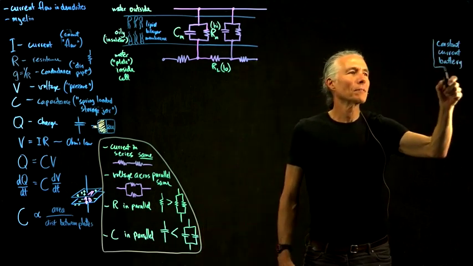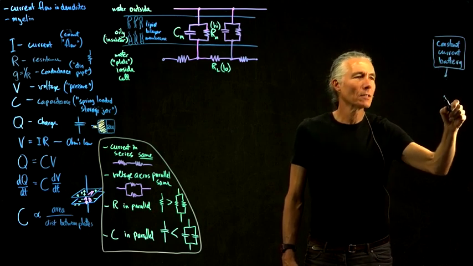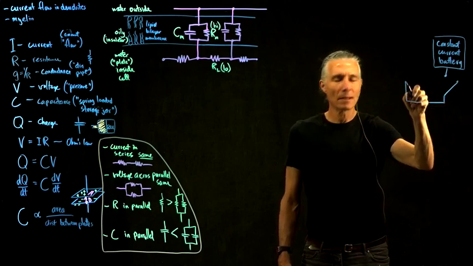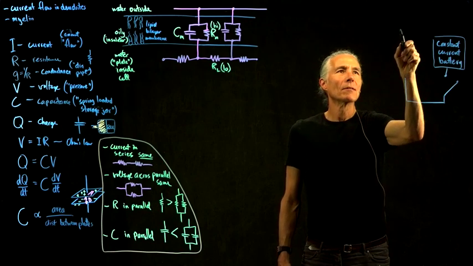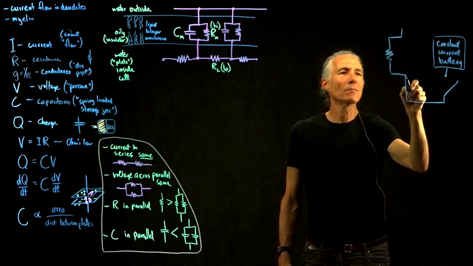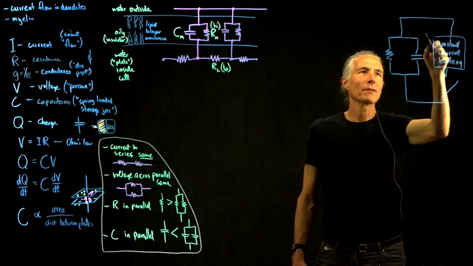And so if we have something like that, and we have a switch that we can close, and then we've hooked it up to nothing more than one resistor and then one capacitor, like that. And then it goes back to the battery.